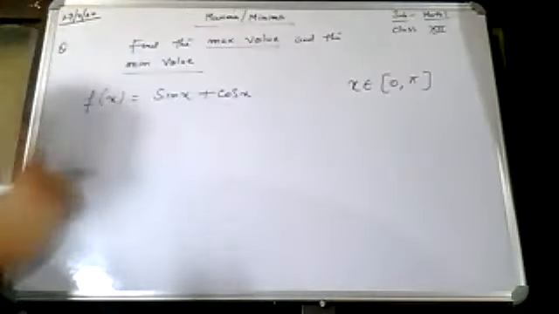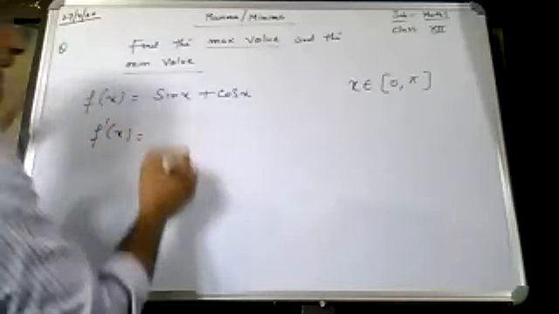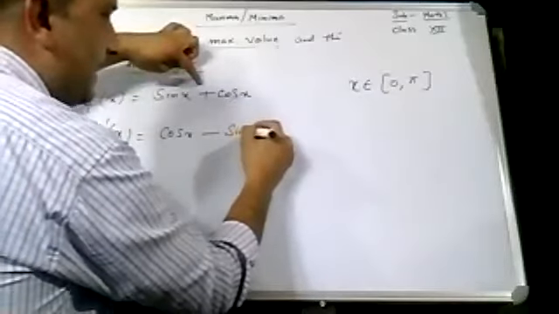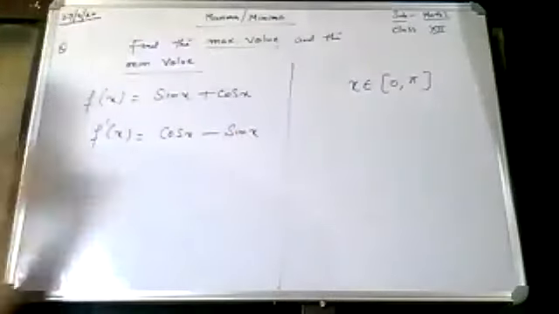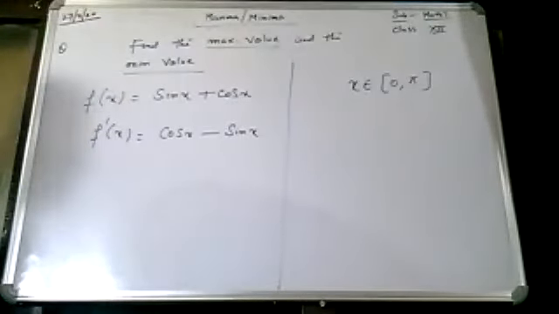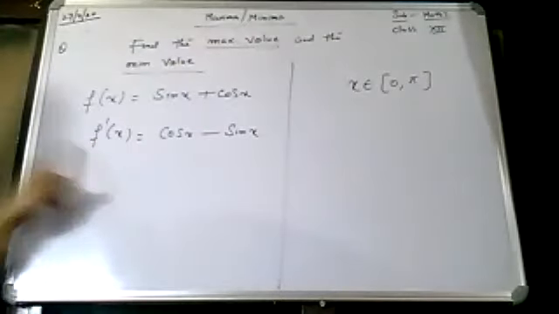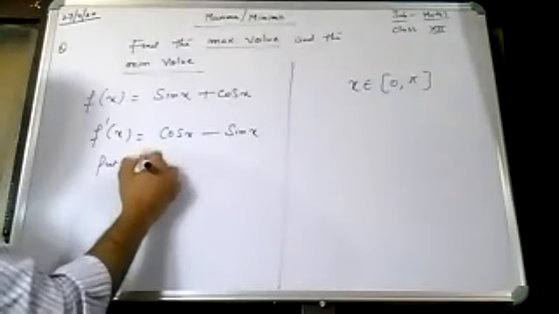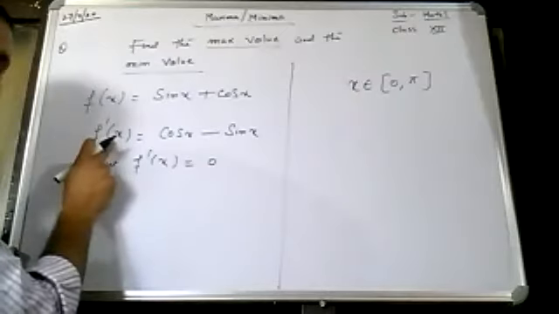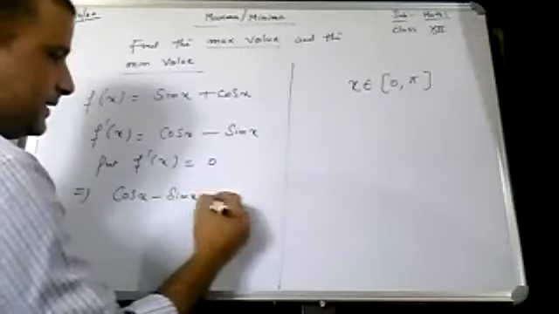So class, what is the first rule? Differentiate. So f dash x is equal to the differentiation of sin x, which is cos x, and of cos x, which is minus sin x. This is the first working rule. What is the second rule? For maxima or minima, equate f dash x is equal to 0. So cos x minus sin x is equal to 0.